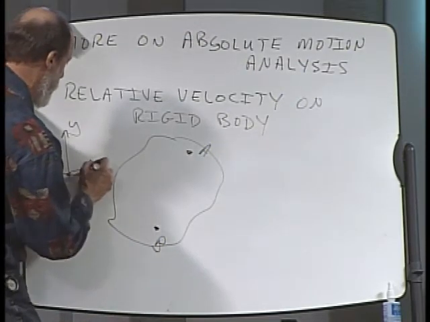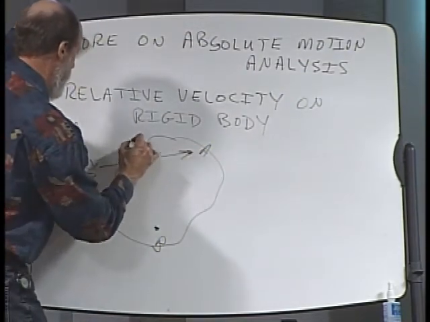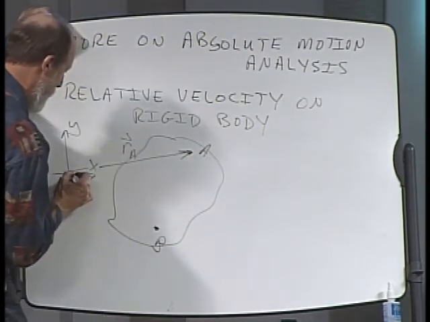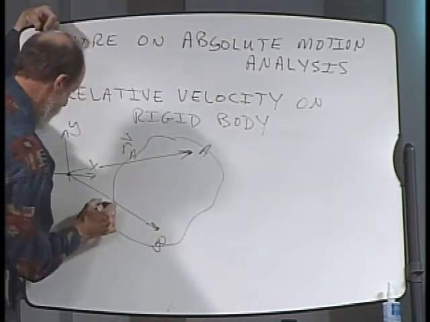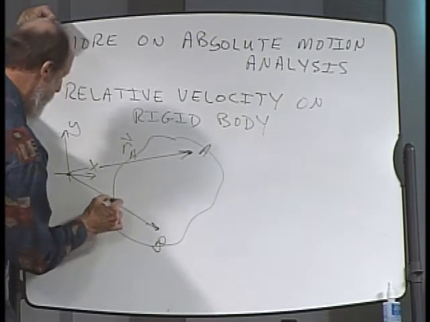So we have a position vector to get us over here to A, and we have a position vector to get us to location B.